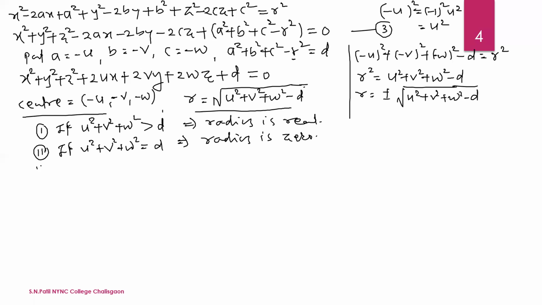Now the third condition, if u square plus v square plus w square is less than d, then what happened?